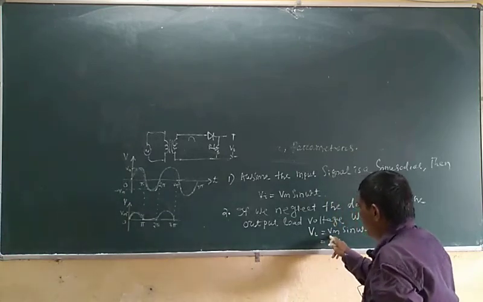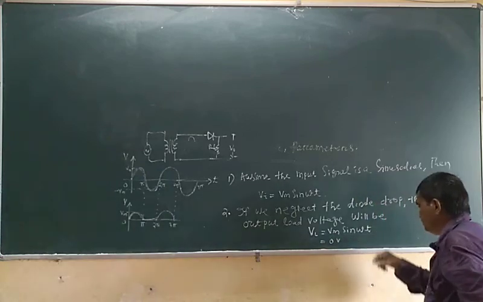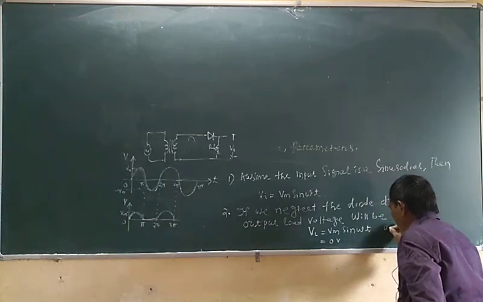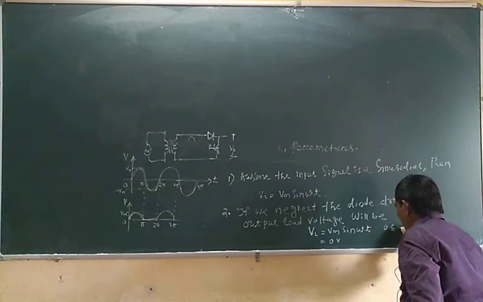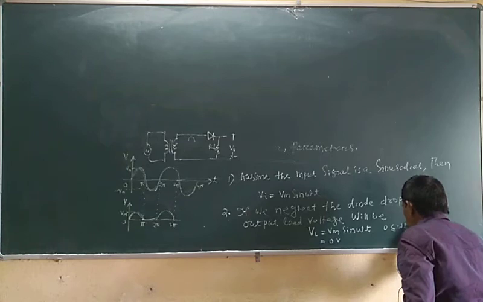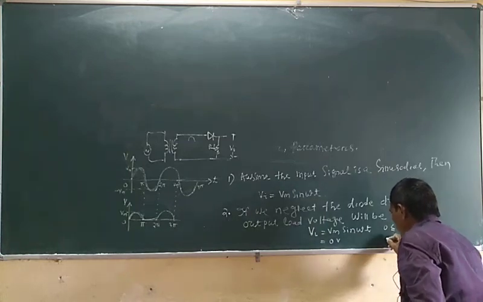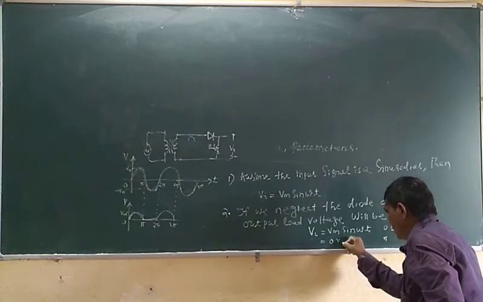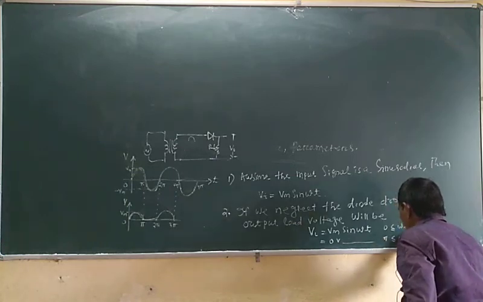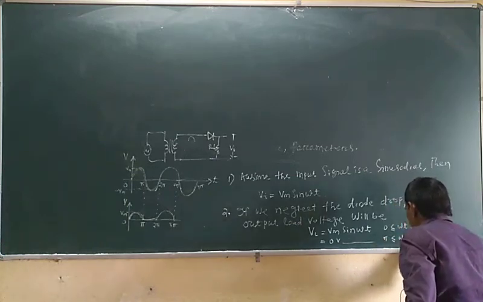So Vm sin omega t is the condition 0 less than or equal to omega t less than or equal to pi. Again, 0 volt when pi is less than or equal to omega t less than or equal to 2 pi.